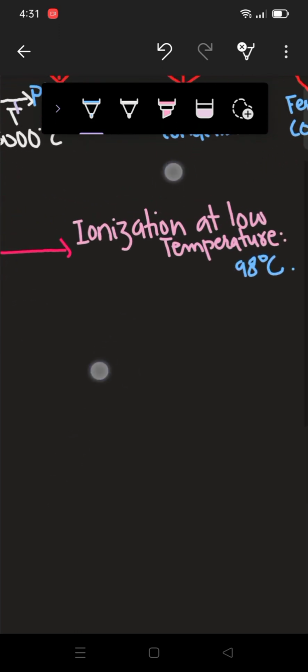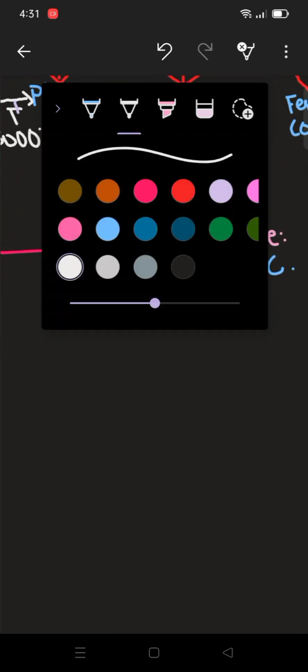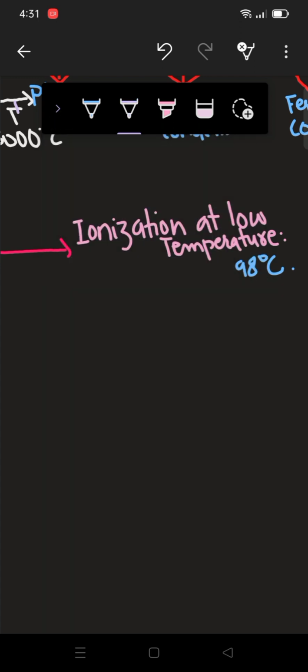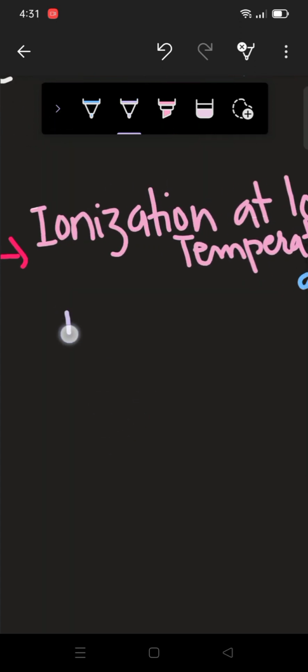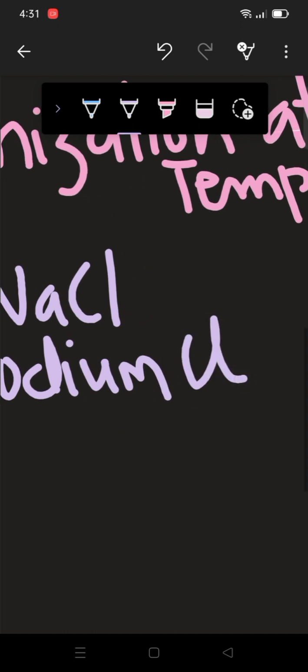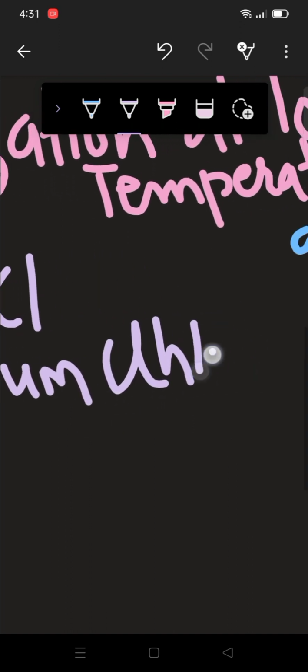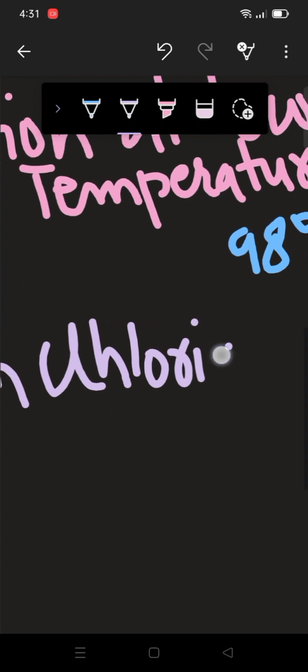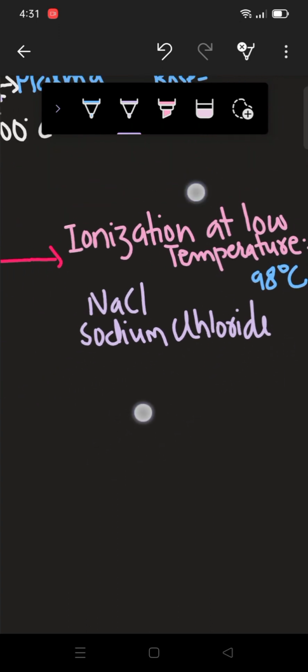So basically here we have a compound which is known as NaCl. We all know about that, NaCl, which is basically what? Sodium chloride. All right.